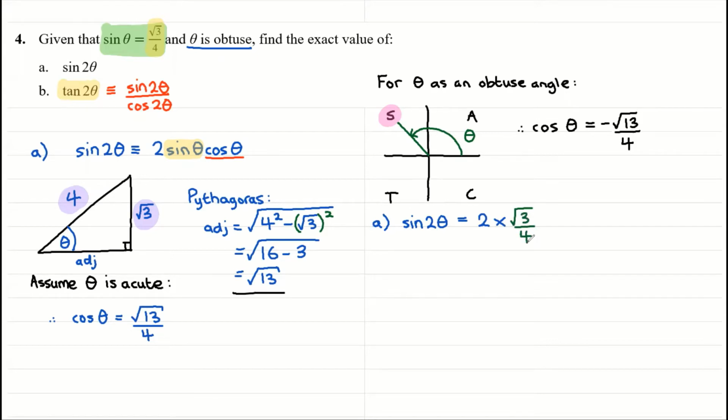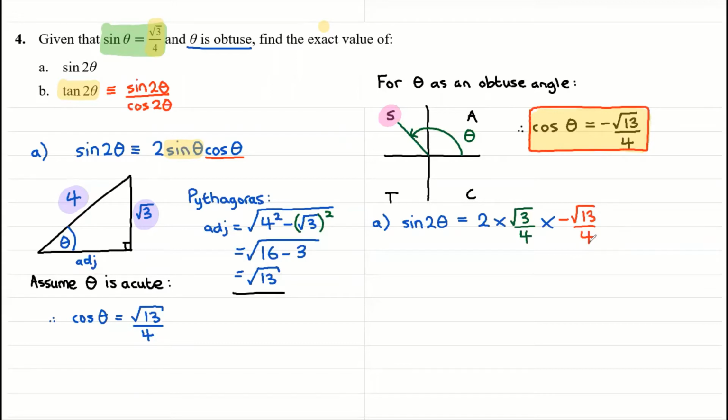And then multiply that by the cosine of theta, which we've just found. I should probably make that look important, so we know that's the one we're going to be using, not the one in the bottom left, that's for acute theta, remember. So multiply by negative root 13 over 4. If you use the wrong one, you'll just get the wrong sign at the end.